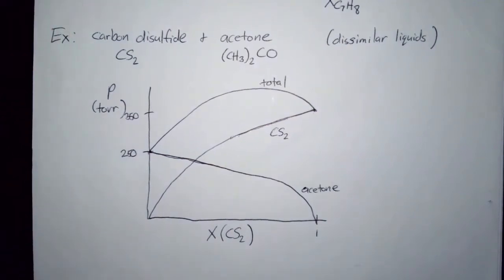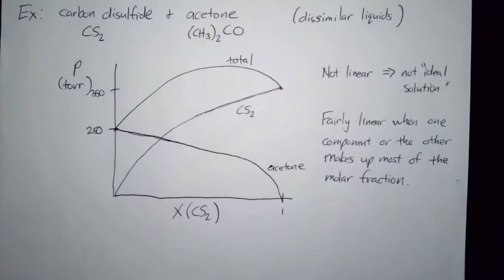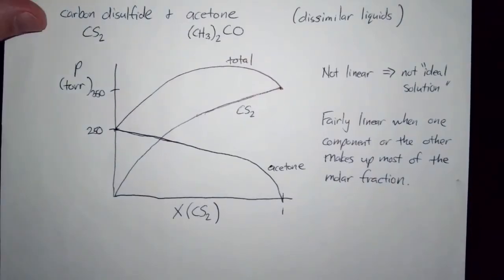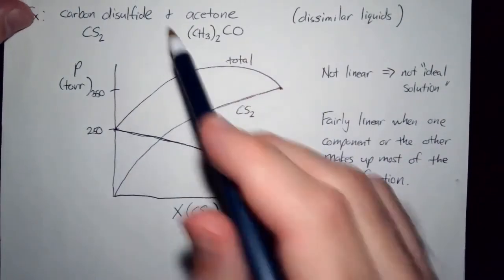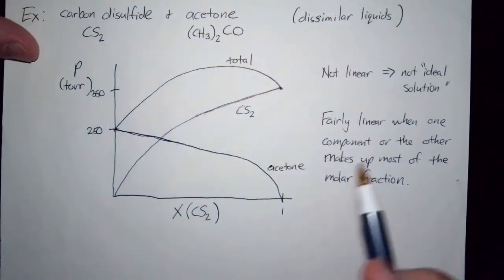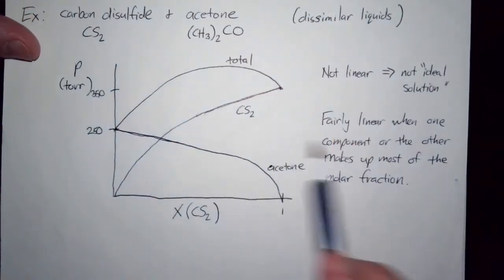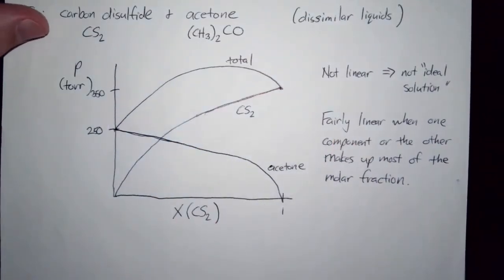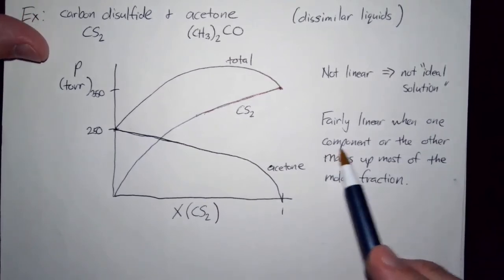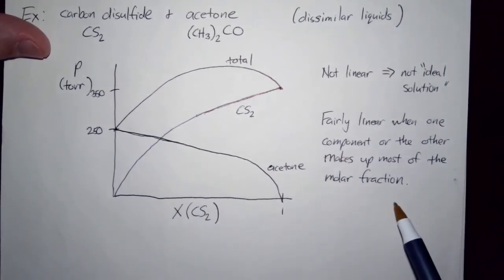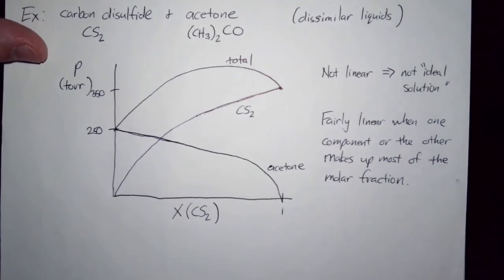I'm going to summarize all that in text here. So these are not linear, so this is not an ideal solution, this mixture between these two substances. But it is fairly linear when one component or the other makes up most of the molar fraction. As I mentioned earlier, if a component makes up most of the molar fraction, then we're calling that the solvent.